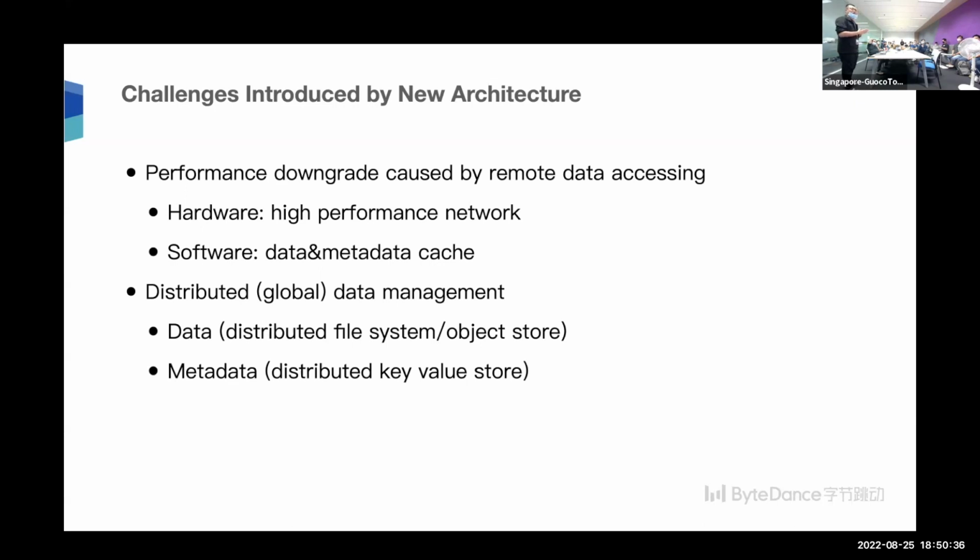The first approach is that we consider hardware and software co-design. We rely on the development of modern hardware, like high-bandwidth and high-speed networks, and this is also a trend. The other thing is that we have done a lot of work on the data and metadata cache in our system.